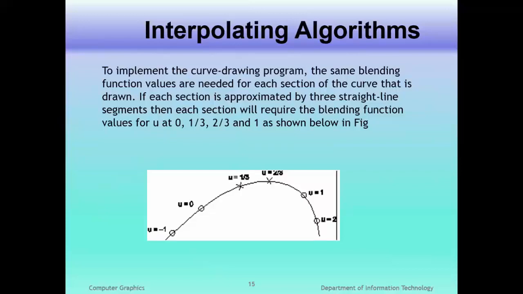But how are we going to find the points which are lying on the path of the curve? Generally, to draw a line or circle, we need the equation of the line or circle. With the help of that equation, we can find whether the specified point is lying on the boundary of that line or circle.